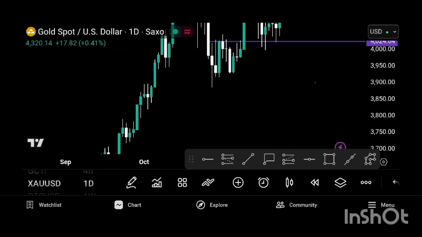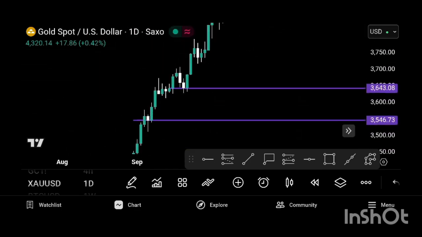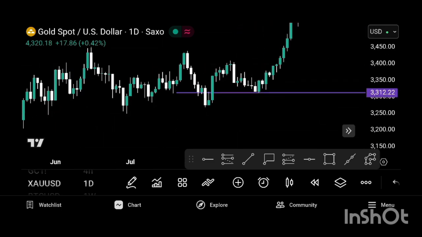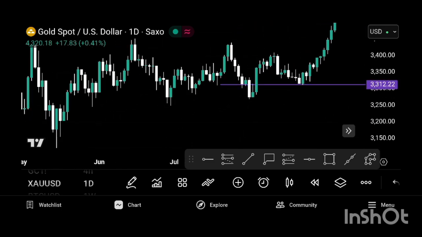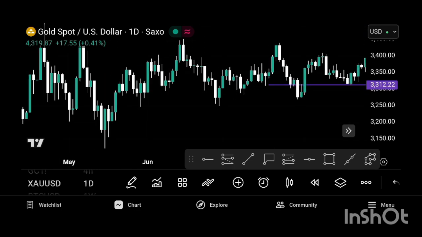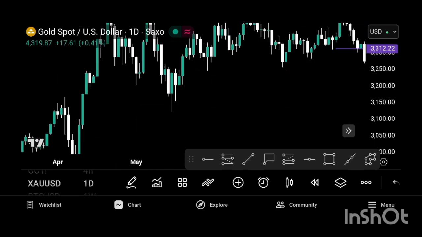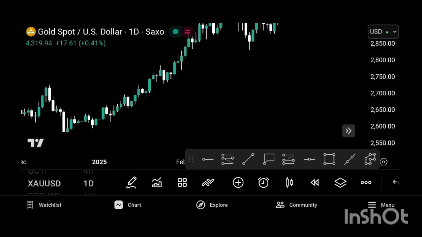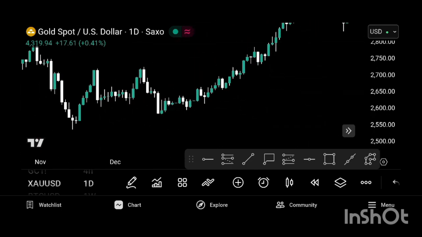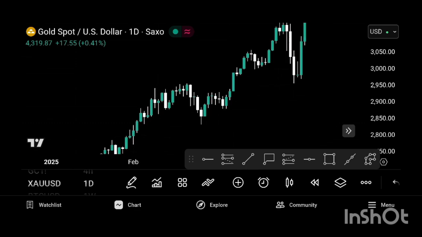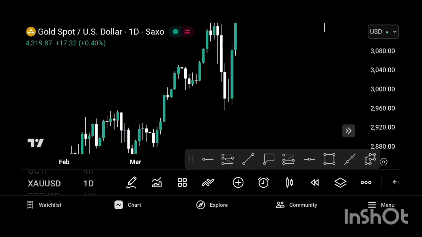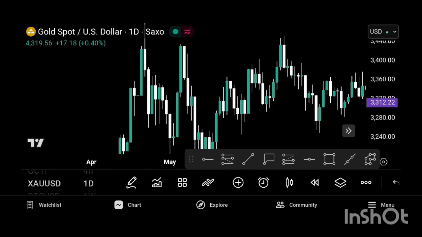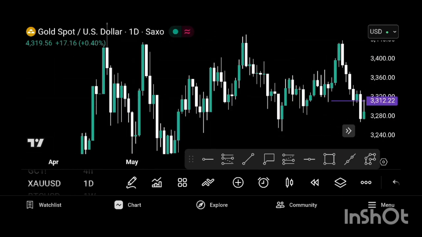Let me show you an example of SBR. We just looked at RBS. We are mostly having resistance break becomes support because of how bullish the market is. But notwithstanding, you can still find support breaks becomes resistance.